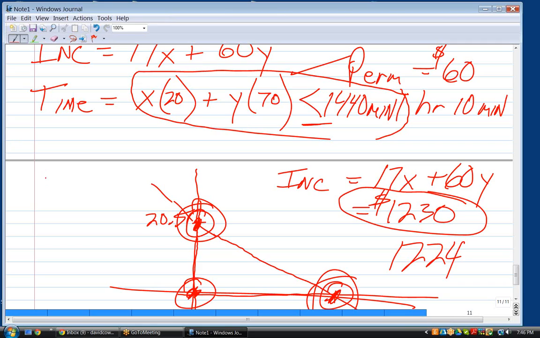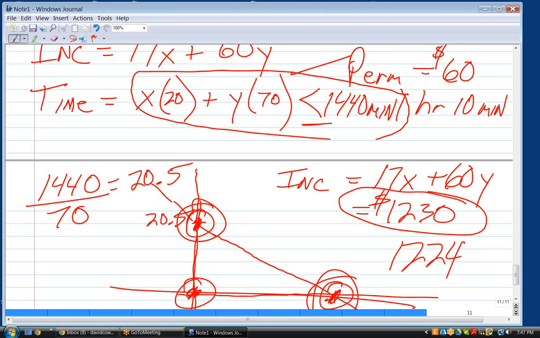You have 1,440 minutes. If you do nothing but permanents, how many permanents can you give? Well, you can give 20.5, but you can't give half of a permanent. So you can only give 20 permanents. So 20 times 60 would only be 1,200.